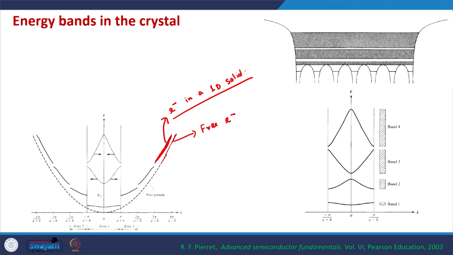It is not like a free electron, but it is moving inside the solid, and for low energy values the E-k relationships for a 1D solid and for free electrons are very different, as we can see here. So this is one observation, and with this also comes the notion of the Brillouin zone.